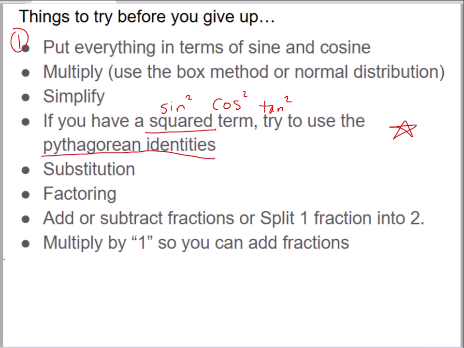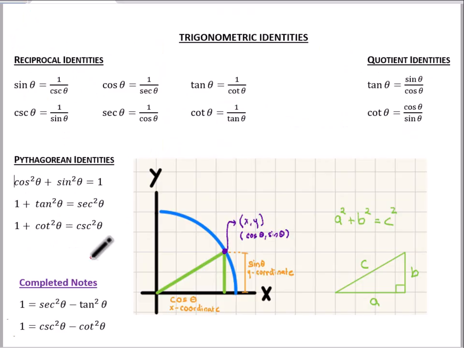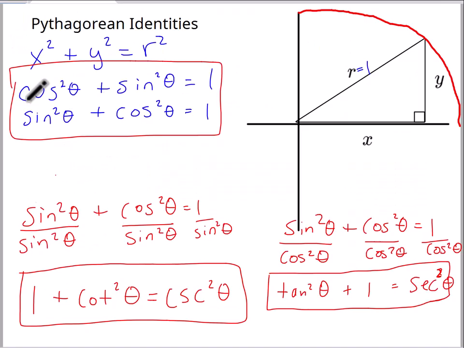The reason I say that is because if we go back and look at our identities, we have sine squareds and cosine squareds, cotangent squareds, cosecant squareds, tangent squareds, secant squareds, so you have all 6 trig functions squared in some way. Usually if you have a squared term, especially a squared term and a 1, it's probably going to simplify, changing or substituting for something a little simpler.